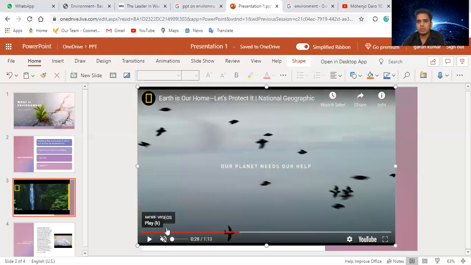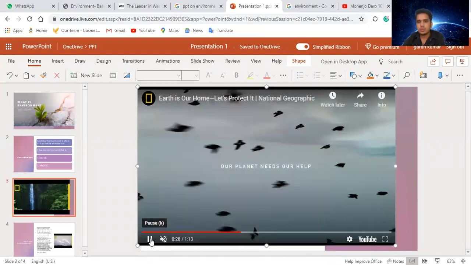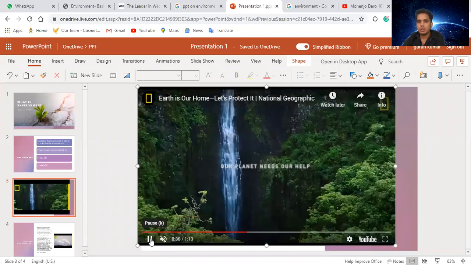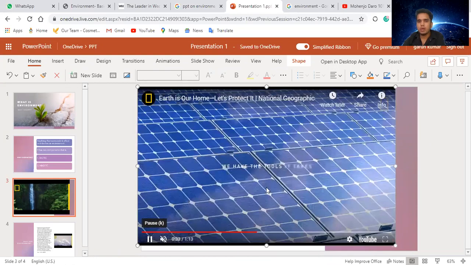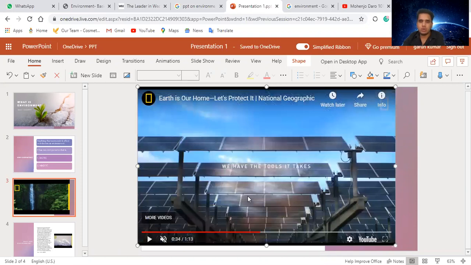The birds' habitats are being occupied and constructed on. So nature needs our help, and we can help it by going to solar panels, which means renewable sources of energy. Renewable sources of energy are solar panels and windmills.